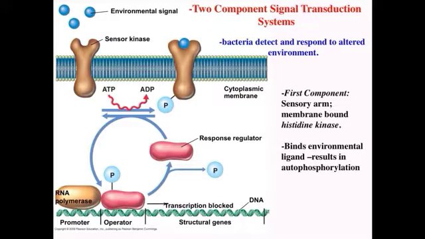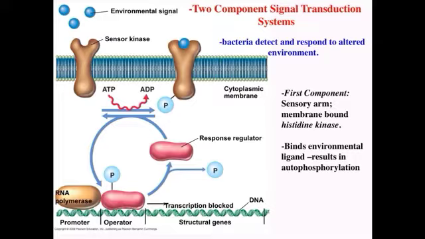It's a two-component system, so let's start with the first component, which is known as the sensory component, or the sensory arm. It's a membrane protein that spans the cytoplasmic membrane of the bacterium. This could be gram-positive or gram-negative. It has a domain which exists in the periplasm, or the extracellular environment, which is responsible typically for binding some type of environmental ligand.